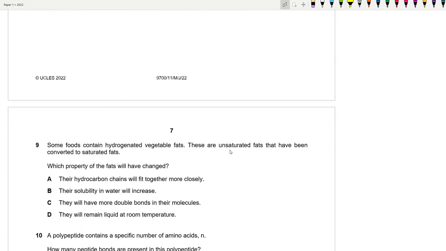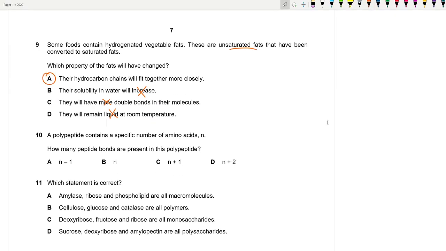So after conversion to saturated fatty acids, the hydrocarbon chains fit more closely together. Okay, but the solubility in water actually decreases. They will have fewer double bonds and they will remain liquid? No, unsaturated fatty acids have a tendency to remain liquid, but saturated typically remains as a fat.